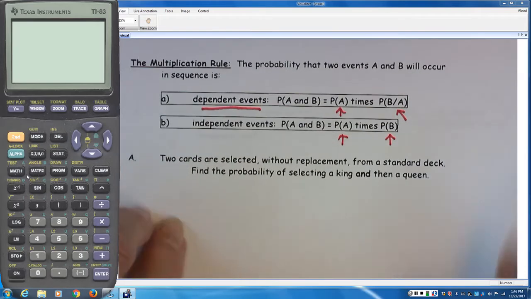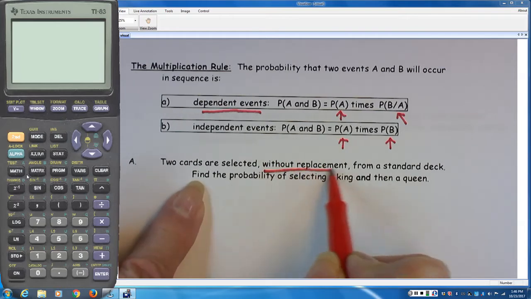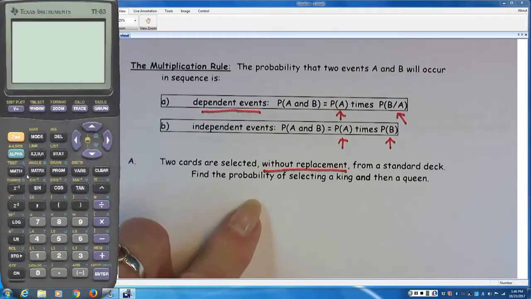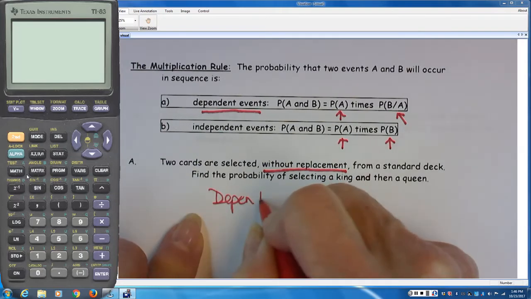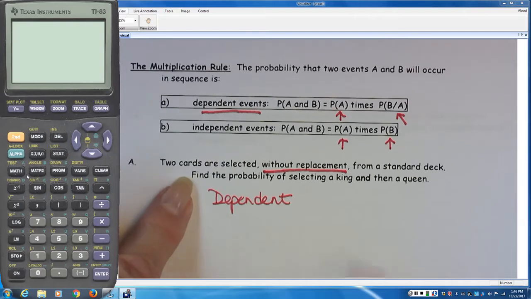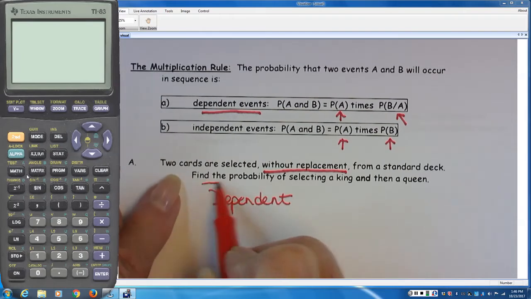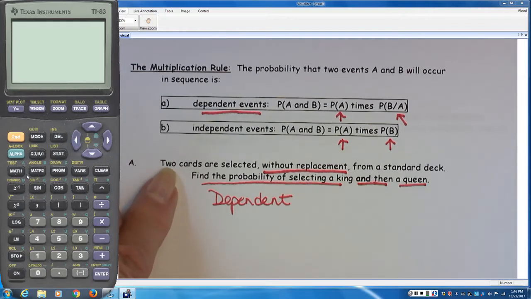So if I'm looking at this question here, it says 2 cards are selected without replacement. What kind of event is it? It's dependent. And the way that you can write that without using the given that notation, find the probability of selecting a king and then a queen.